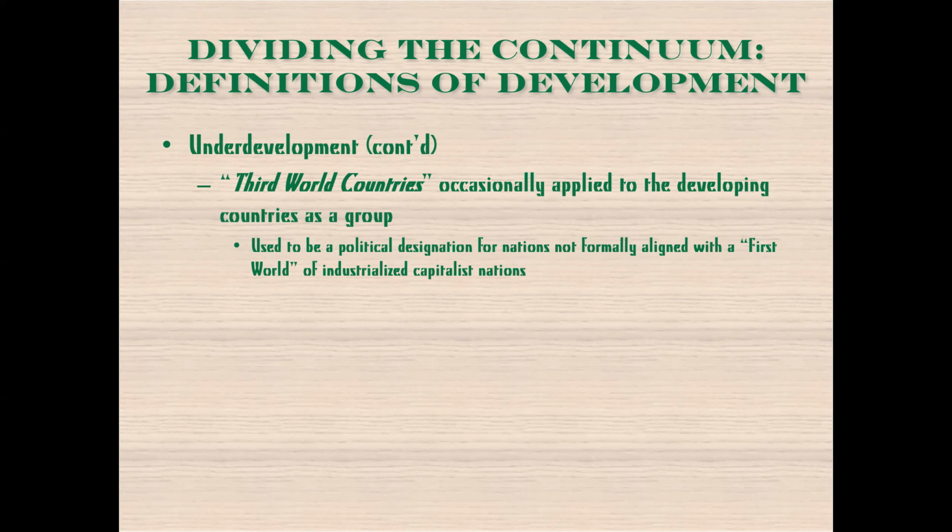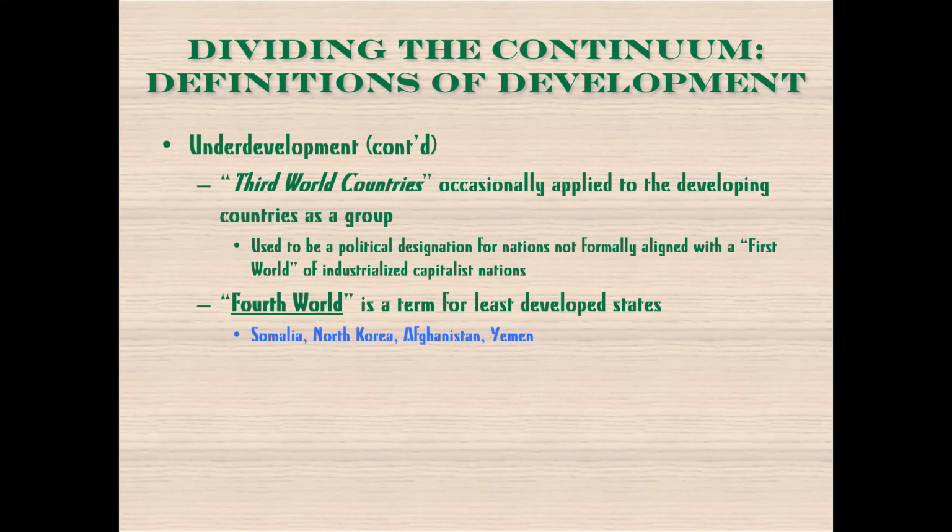You simply hear developed and developing, or more developed and less developed. There are a few places that are the least developed places, and they include Somalia, North Korea, Afghanistan, and Yemen. These are the 4 least developed places on the planet.